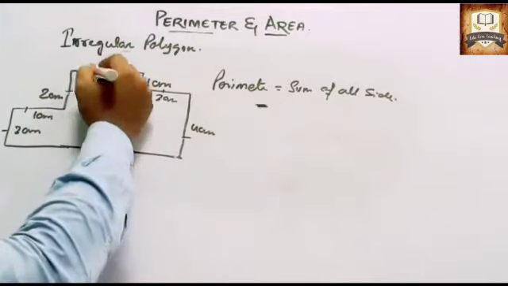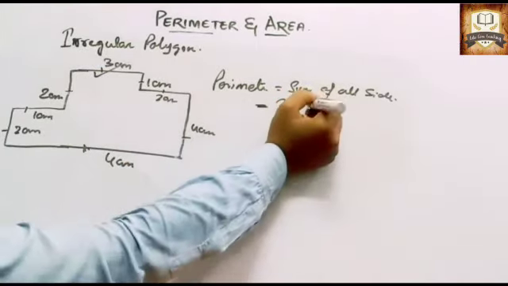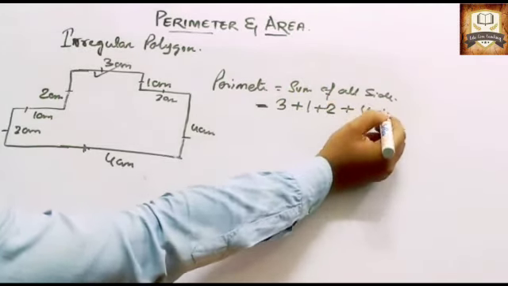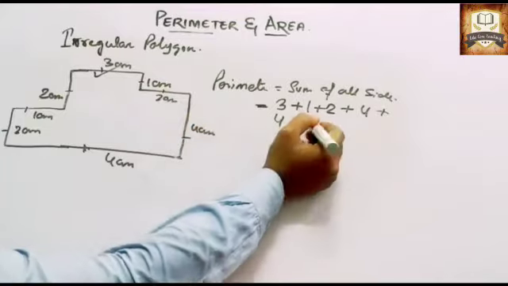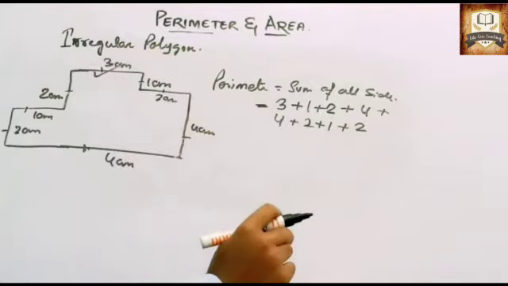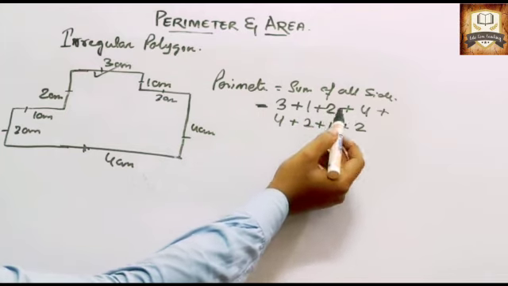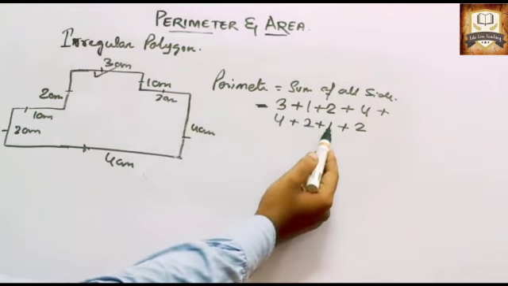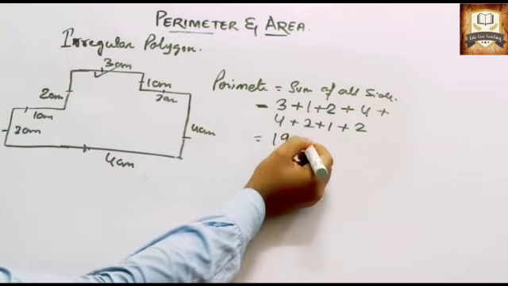I am going to start from this side, that is 3 cm, then 1 cm, then 2, then 4 cm, at the bottom 4 cm also, then 2 cm, then 1 cm, then 2. So we have taken all the sides. Now add: 3 plus 1 is 4, plus 2 is 6, plus 4 is 10, plus 4 is 14, plus 2 is 16, plus 1 is 17, 18, 19. So the sum of all the sides is 19 cm.